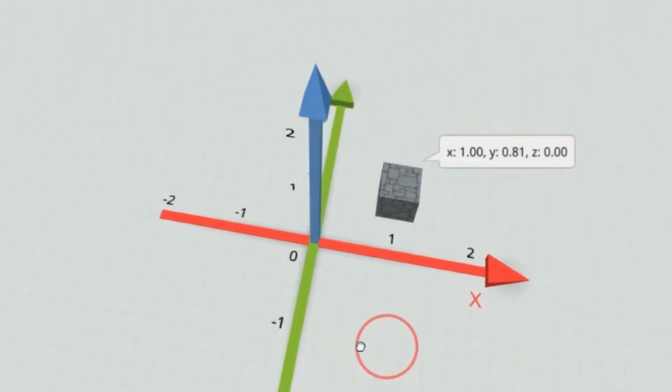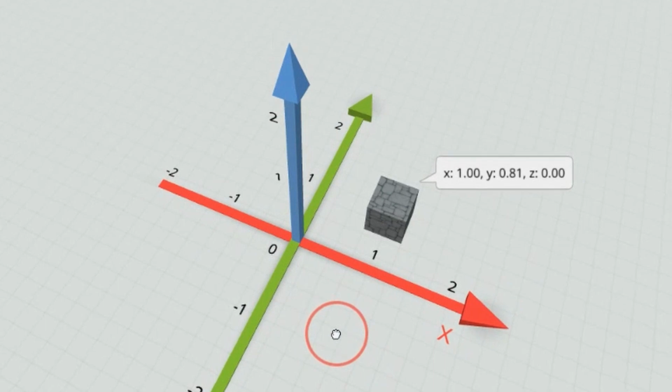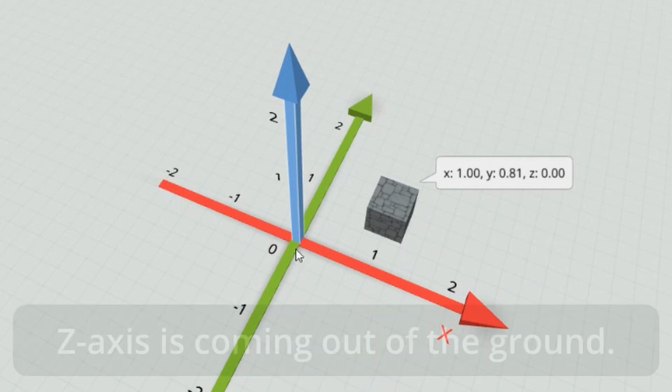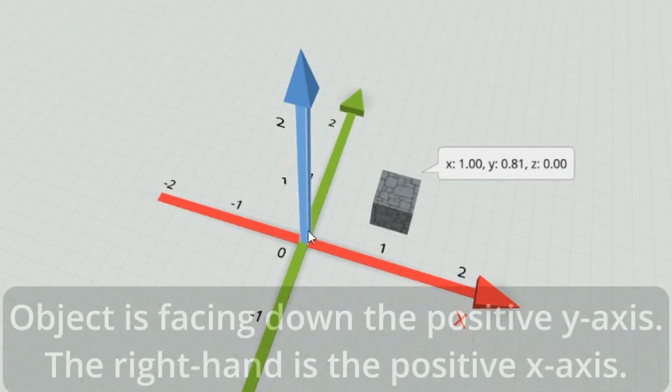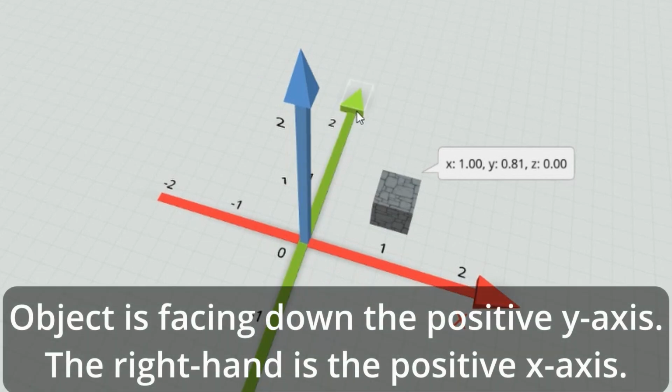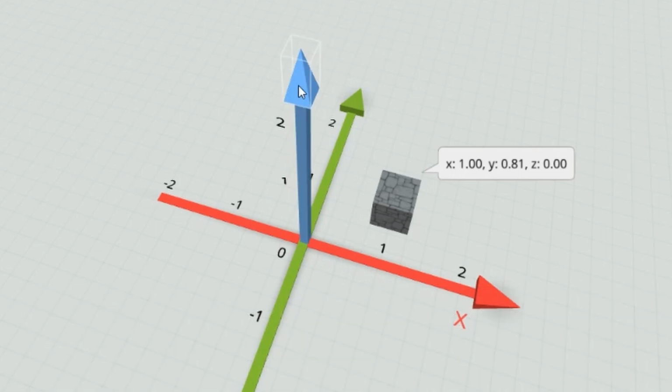But the xy axis is lying flat on the ground. So what I really need to describe as up is this z-axis. So as far as a perspective of an object, the object is facing the positive y-axis, and the right hand of that object is going to be the positive x-axis, and going up into the sky is going to be the z-axis.